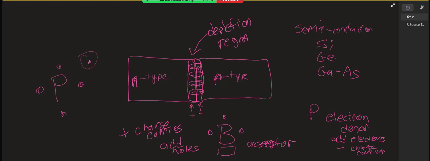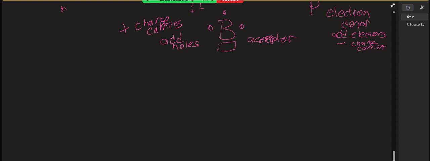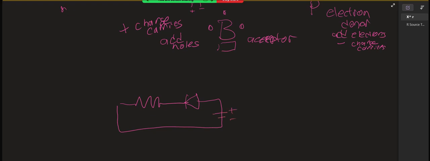All right. Now, if we have this set up like this, and I have a positive charge here, or a voltage source here in this direction, this is said to be forward biased.